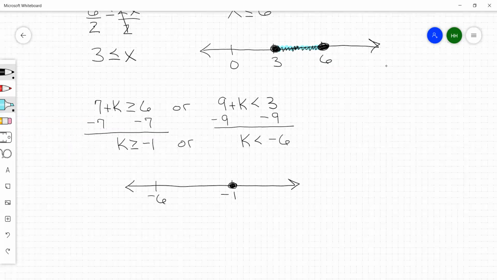Variables on the left, so we shade the direction of the inequality. We're going to the right. We are less than -6, so we're open on the -6. Variables on the left, so again, we're shading the direction of the inequality, so we're shading to the left.